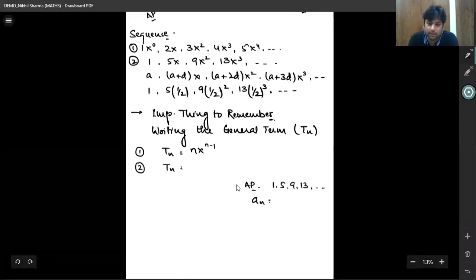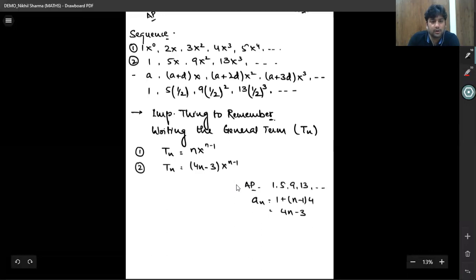So this an would be given by first term plus n minus 1 times d. d is 4, so 4n minus 3. So now I can easily write 4n minus 3 and x raised to the power n minus 1, because in the first term it's written x raised to the power 0, in the second term it's written x raised to the power 1. So x raised to the power n minus 1.